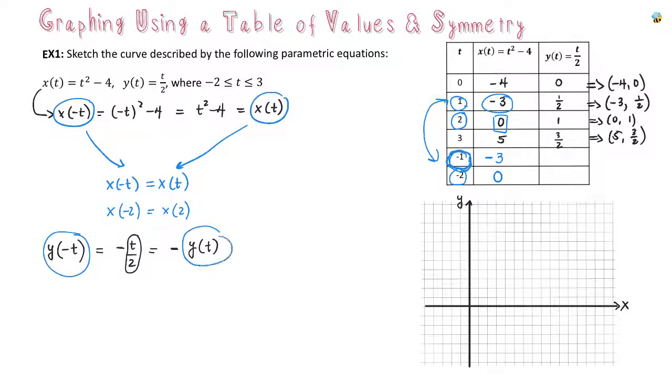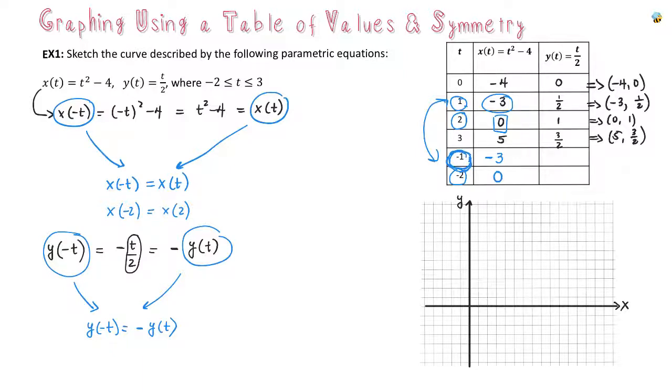The conclusion is that y of negative t is not exactly equal to y of t, but is equal to the opposite of y of t. If you think of the graph, that really means that the graph will be symmetric about the x-axis.